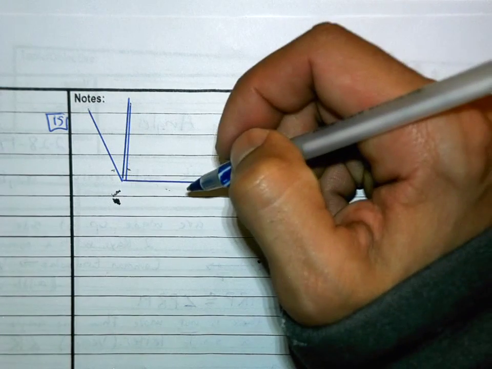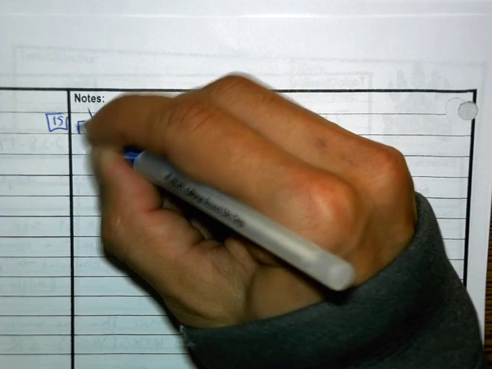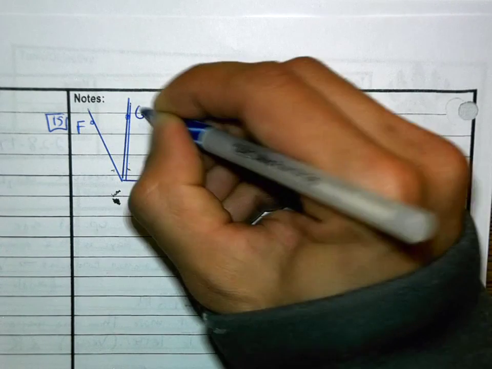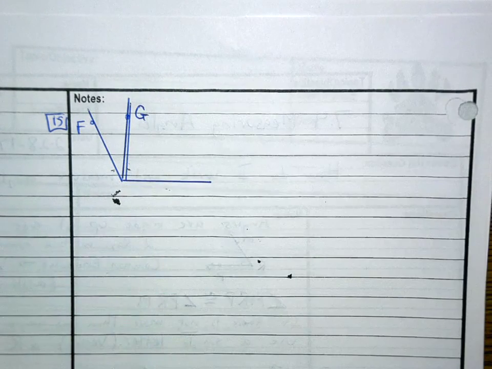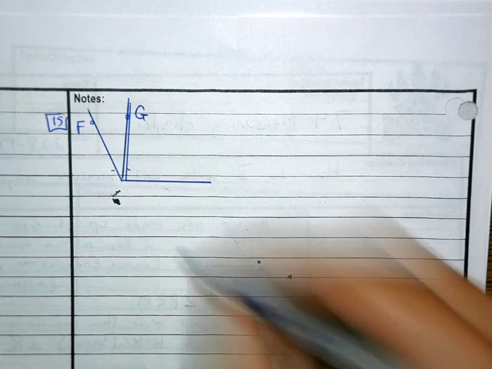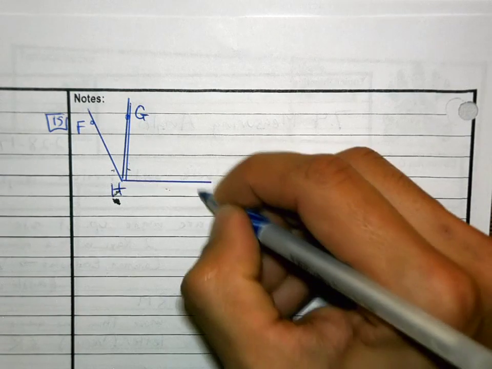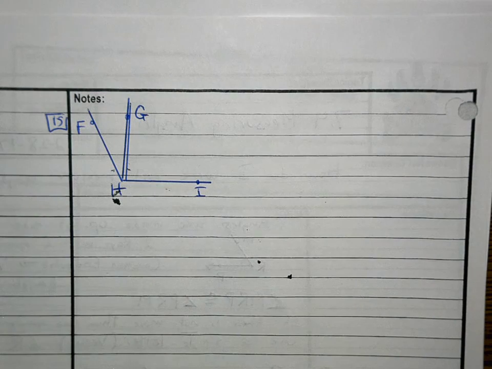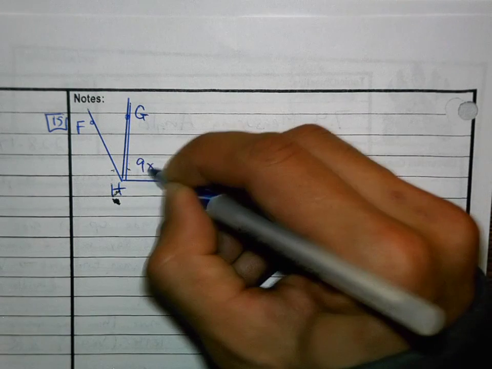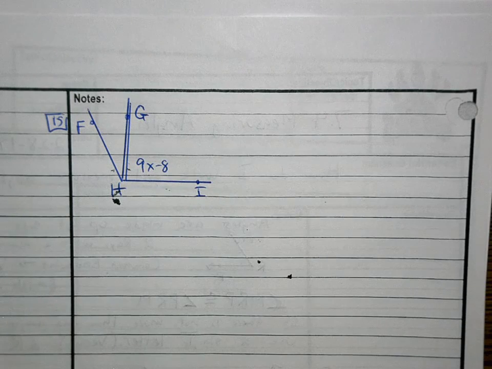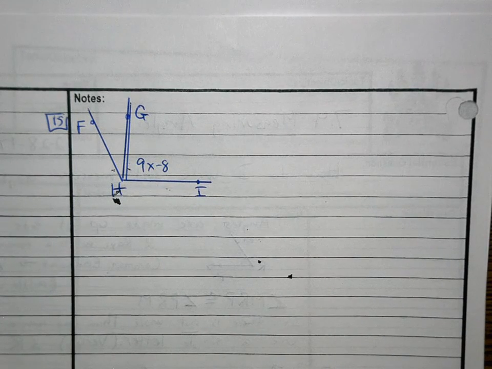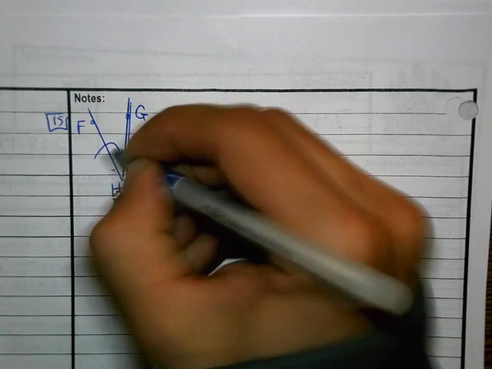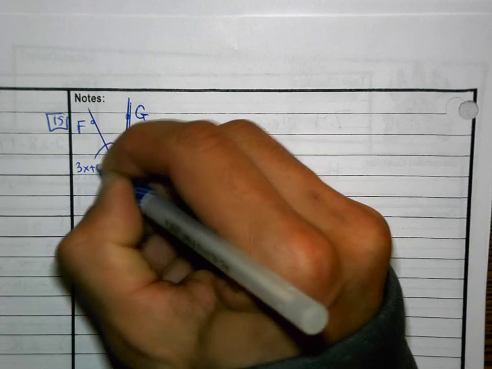F, G, H, and I. 9x minus 8, 9x minus 8. 3x plus 6 right here. 3x plus 6.